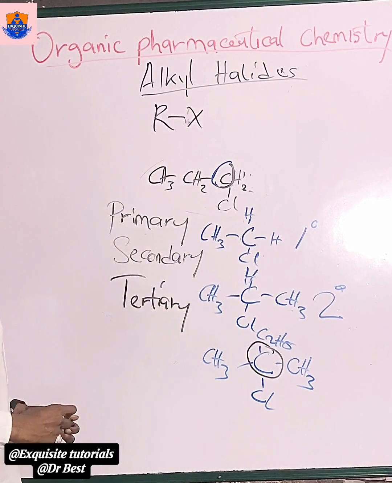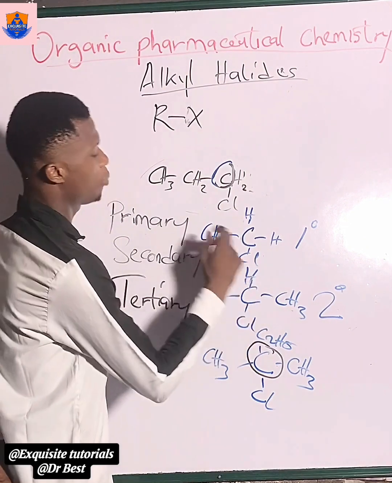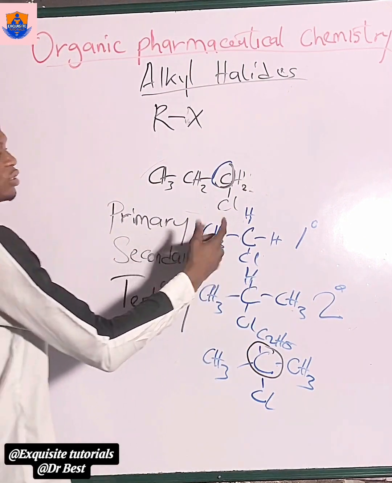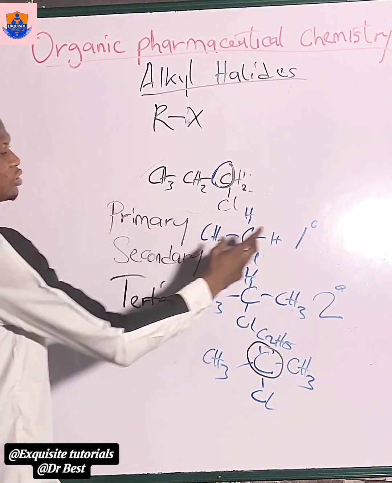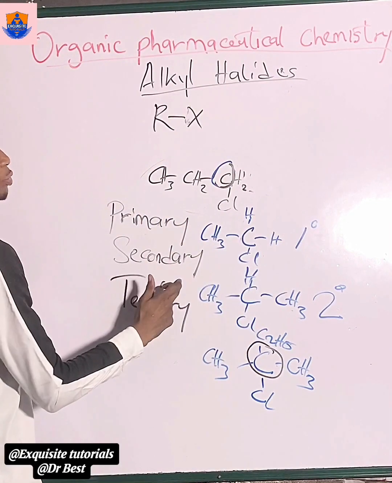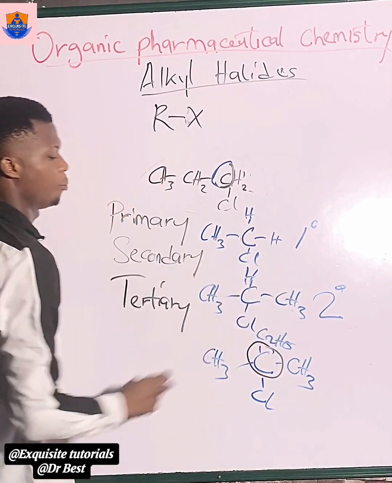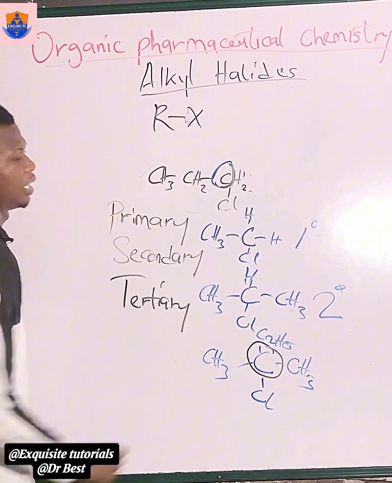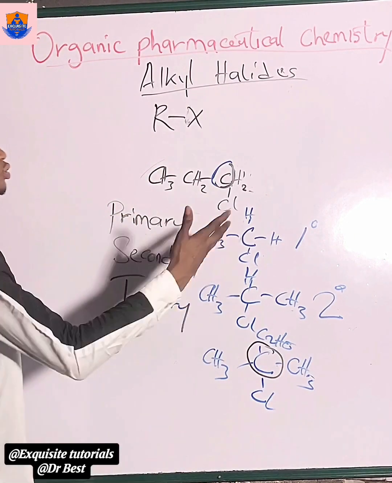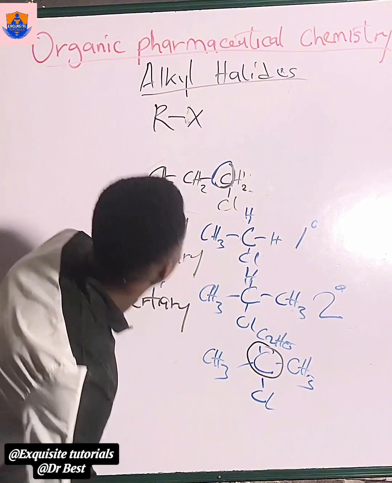So for an organic compound, if the carbon which the halogen group is attached to is bonded to 1 other compound, it is called a primary alkyl halide. If it's bonded to 2 other compounds, it's called a secondary alkyl halide. If it's bonded to 3 other compounds or atoms, it is called a tertiary alkyl halide, right?